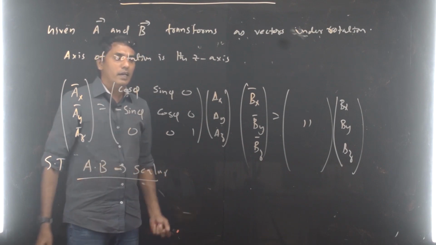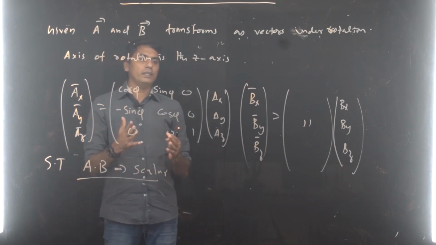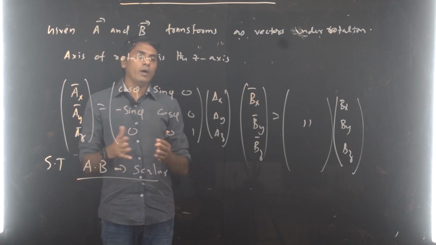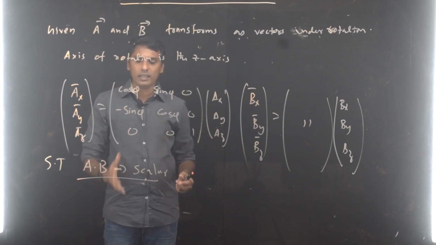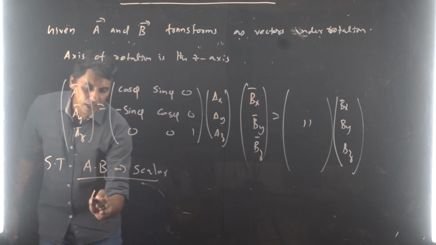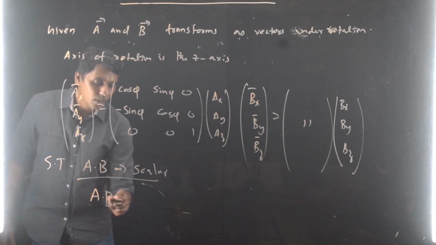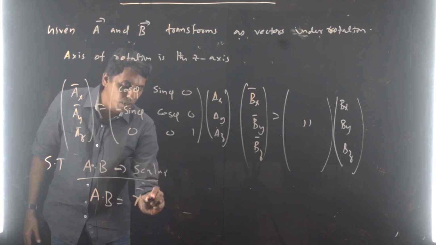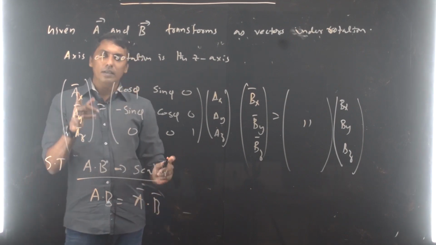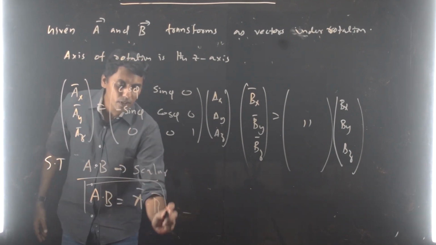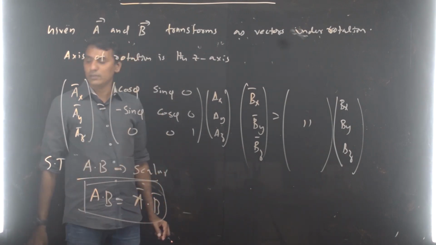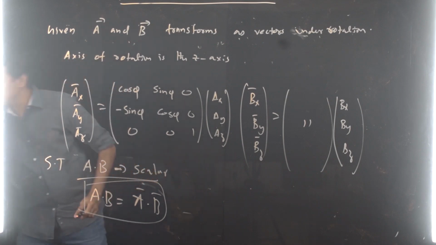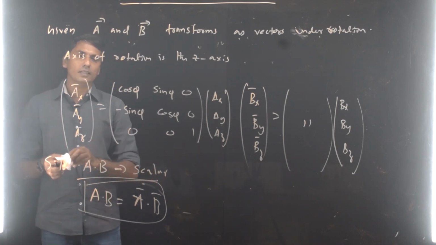A scalar should have the same value in all coordinate systems. So we have to show that A dot B is equal to A bar dot B bar. If this is true, then you can say that A dot B is a scalar. All right, so let's work it out and see whether we get it like that.